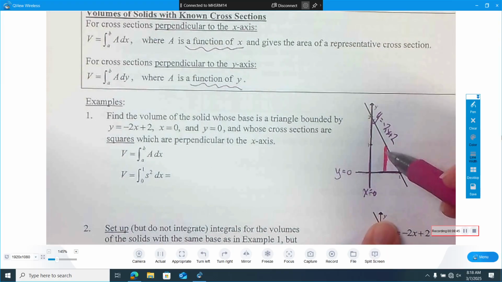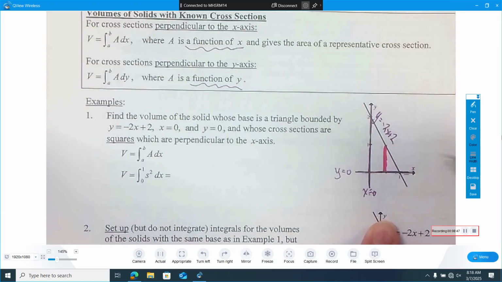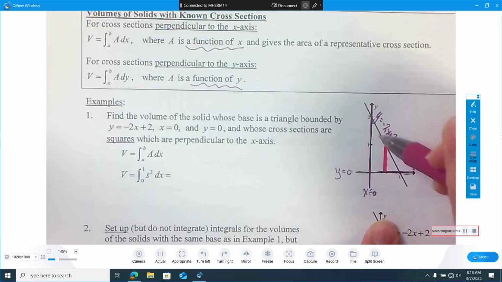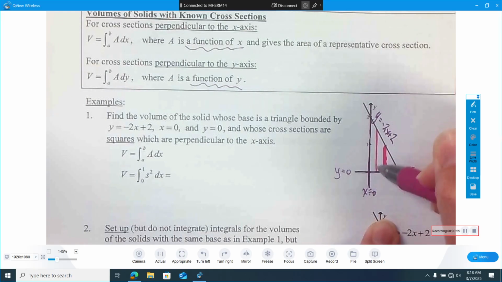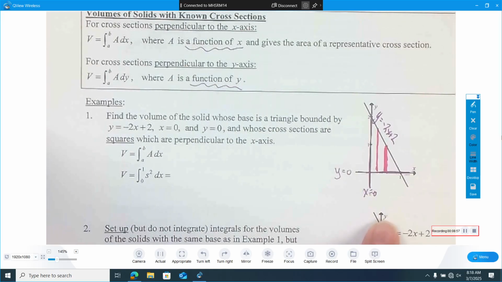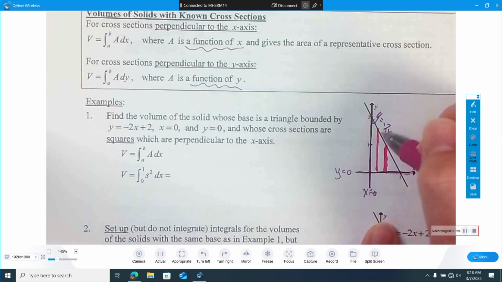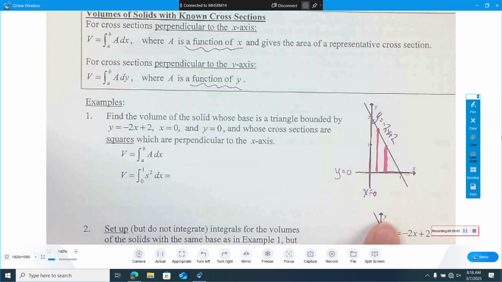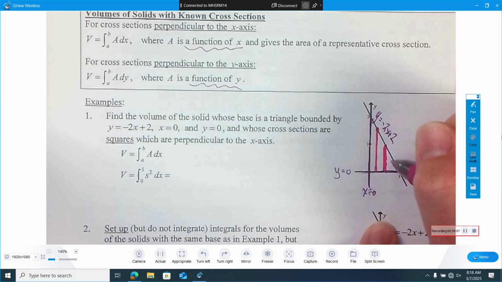So right here, what is this height? It looks like 1. What is this height? How do we figure that height out? And it changes, you know. How does it change?